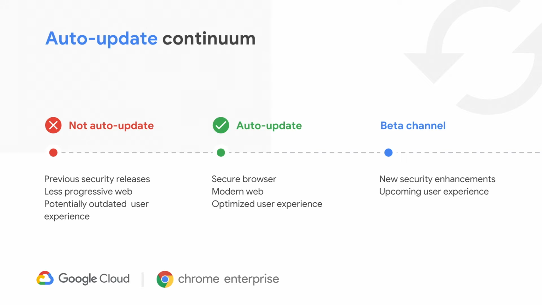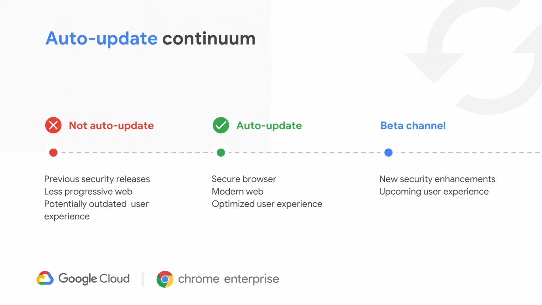If for these reasons or others, auto updates aren't exactly for your organization, you can turn off the auto update functionality. We just want to make sure that you're aware that it's a bit of a trade-off. You may not be running with the latest security releases, and when it comes to UI changes or other enhancements, your users may not be getting the latest and greatest experience that we have to offer.